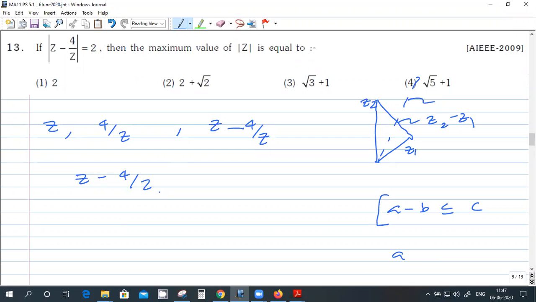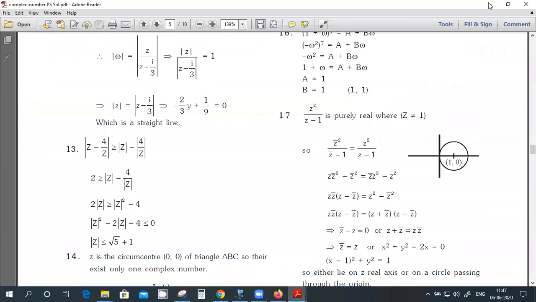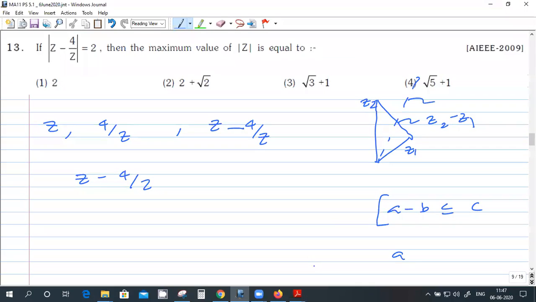The two sides, the lengths will be mod of z and mod of 4 by z. A and B are lengths of the sides, right? So for length of the side I have to take the mod. So the difference of the lengths is less than or equal to mod of z minus 4 by z, and this thing is given as 2.